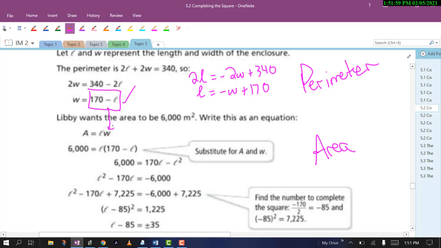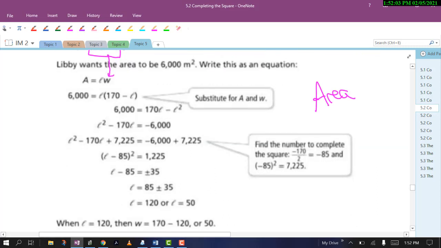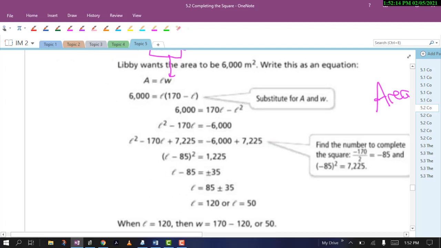So 6,000 equals L times (170 minus L). Then we can distribute the L, so we get 6,000 equals 170L minus L squared. And we don't really want a negative L squared. Having the leading coefficient be negative is not very nice. So we basically flipped this whole thing around. We added L squared to both sides, and we subtracted 170L from both sides, and we subtracted 6,000 from both sides.